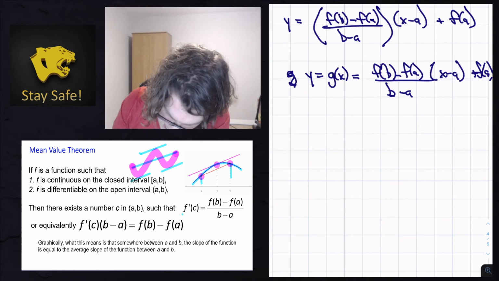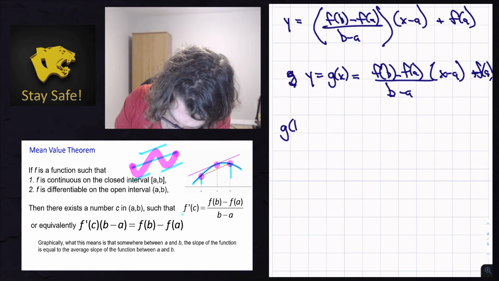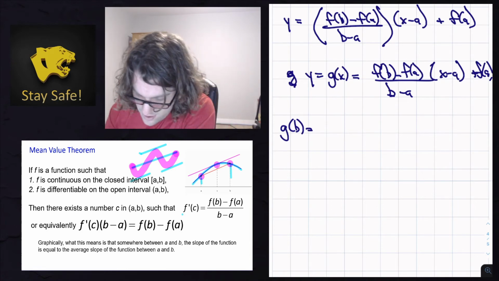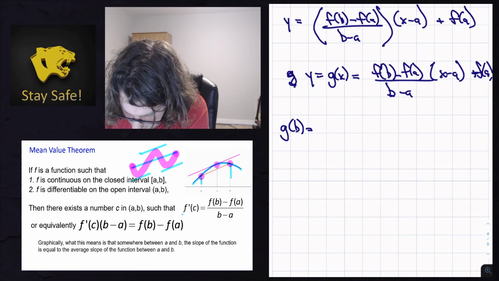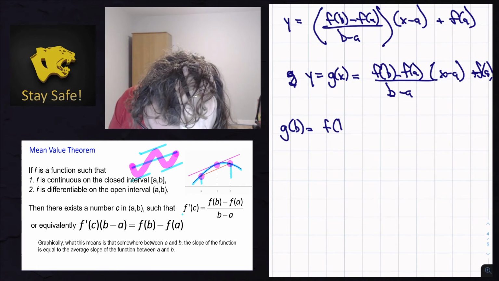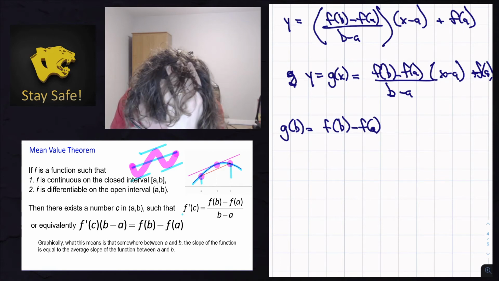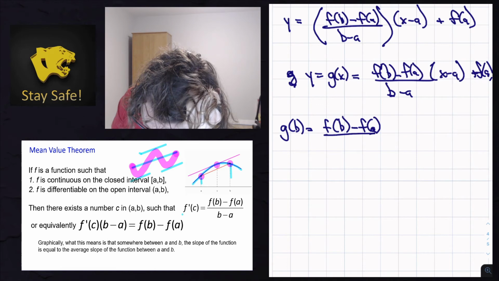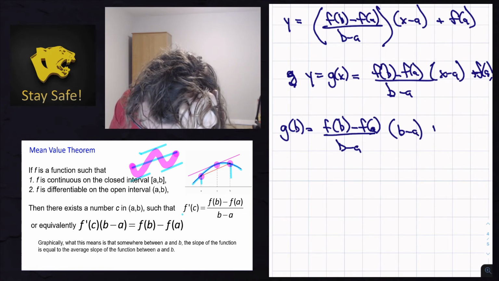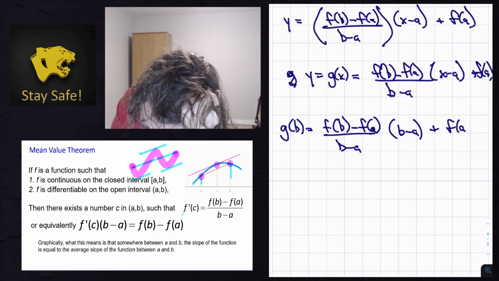So g at b is equal to, anywhere there is an x, I'm going to get a b. So I would get f of b minus f at a over b minus a times b minus a, because we're doing g at b, plus f at a.